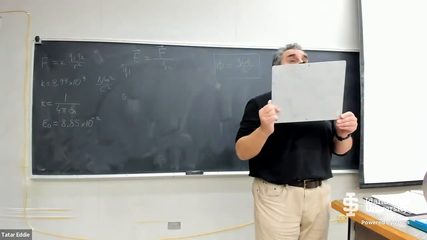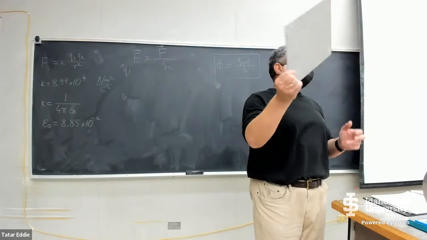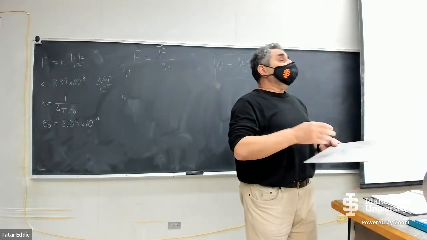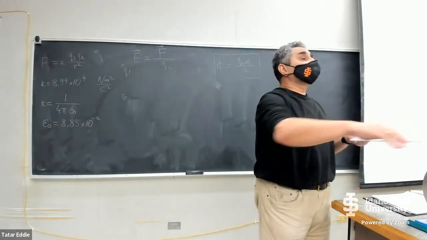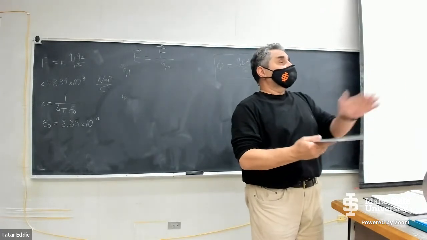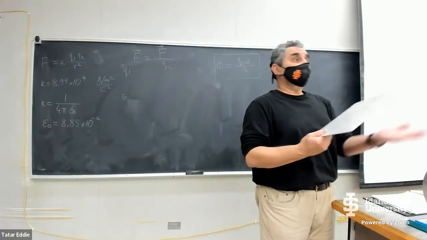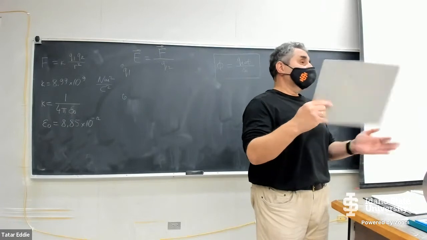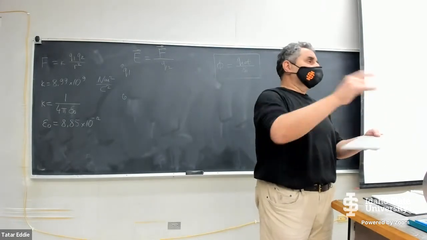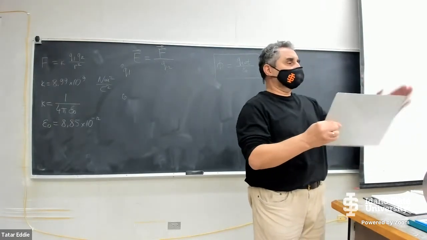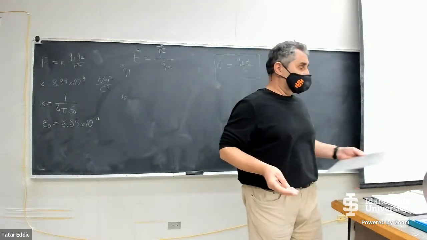Because of the symmetry of this piece of metal, this excess charge is going to be uniformly distributed on the surfaces of this piece of metal. Well, the only large surfaces, the small surfaces on the sides don't matter that much.